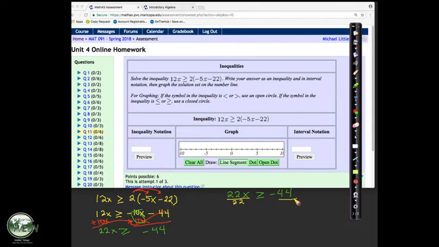Whatever we do to one side, we do to the other. 22 divided by 22 is 1, so that's 1x, greater than or equal to 44 divided by 22, which is 2. Negative divided by a positive is negative. So what we end up with is that x is greater than or equal to negative 2.